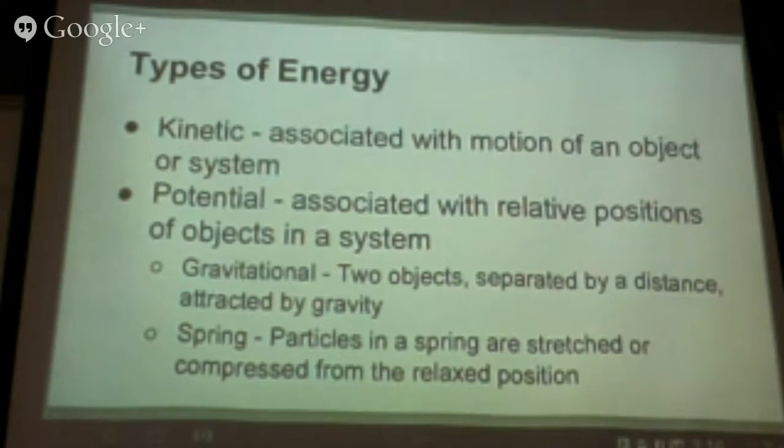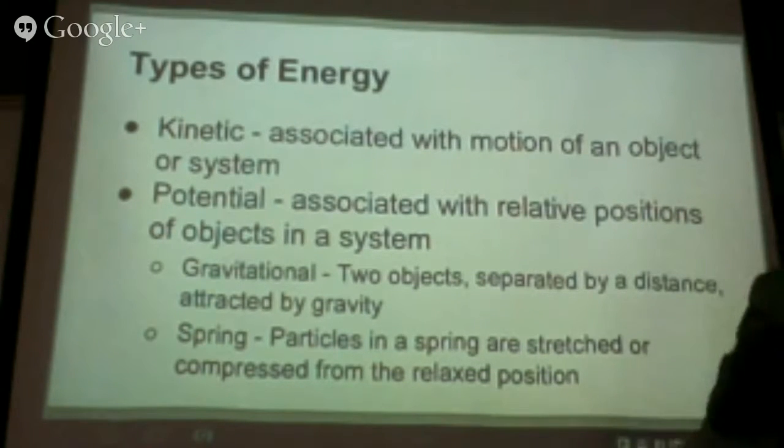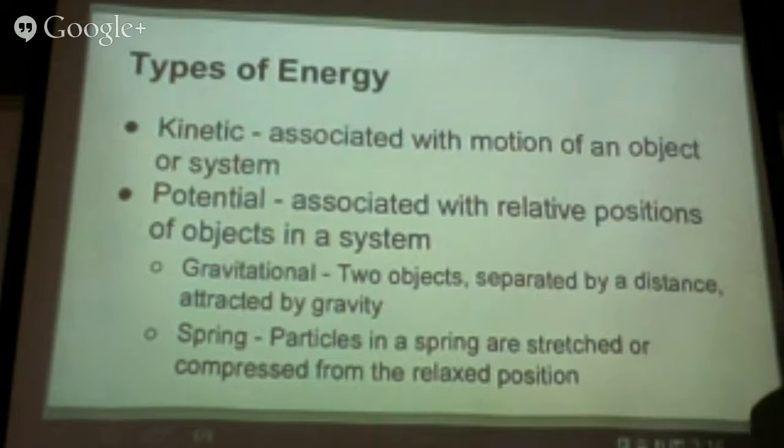To understand it, we really have to think about the atoms that make up the spring, and the idea that when we stretch out the spring, we're stretching the bonds between those. So there's this electric force trying to snap it back to its original shape. Or if we compress it, it tries to push it back out to its original shape. So we have both gravitational and spring as types of potential energy.